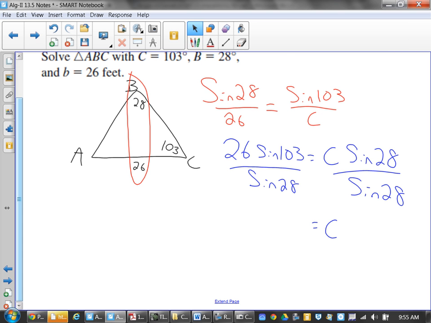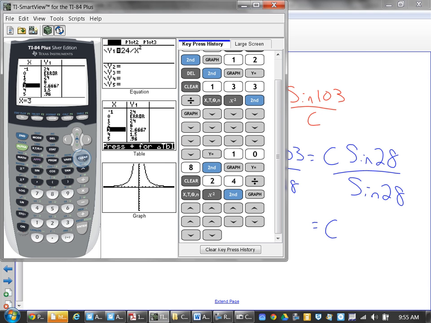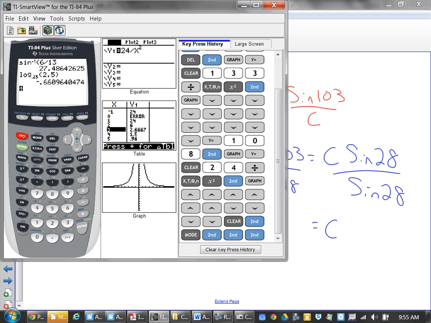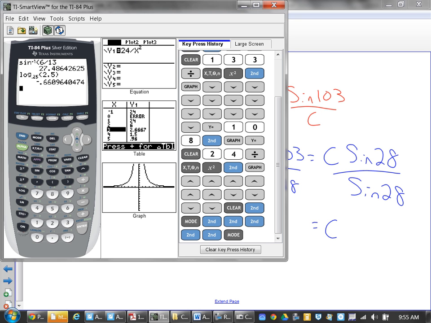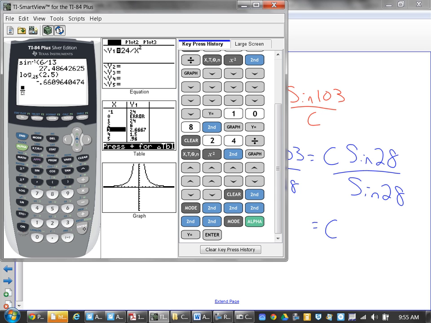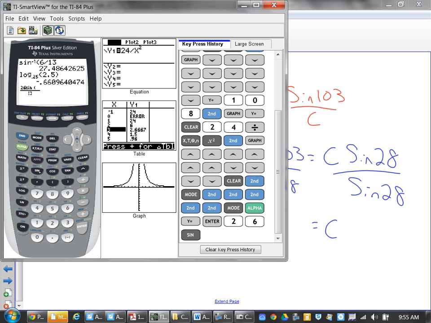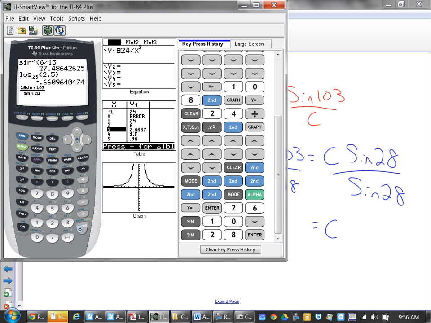So in my calculator, I can type it in as 26 sine 103 over sine 28.